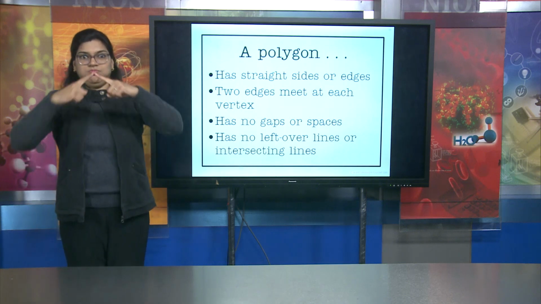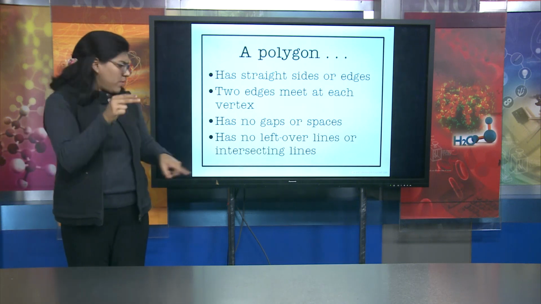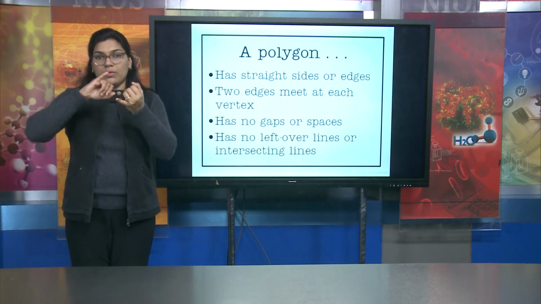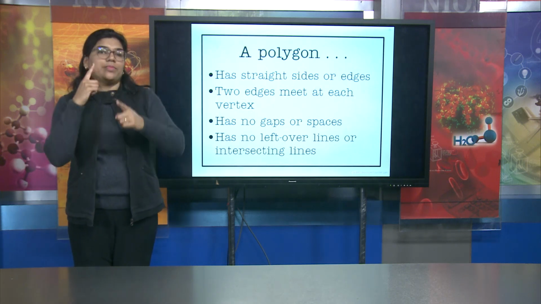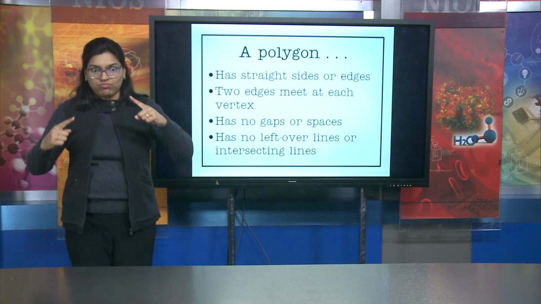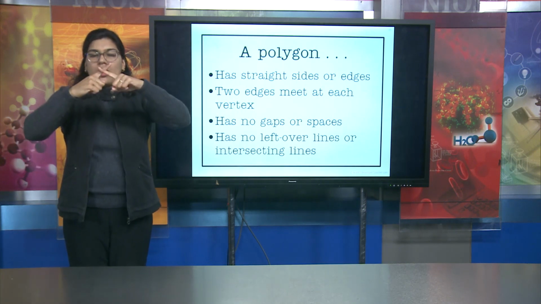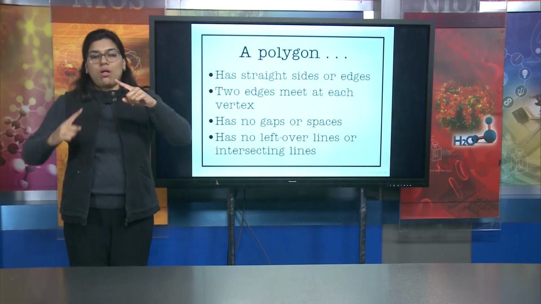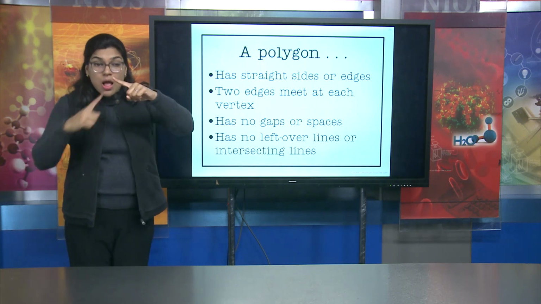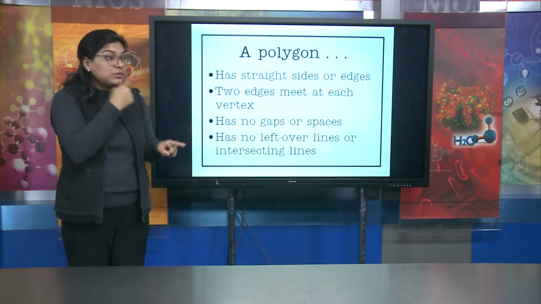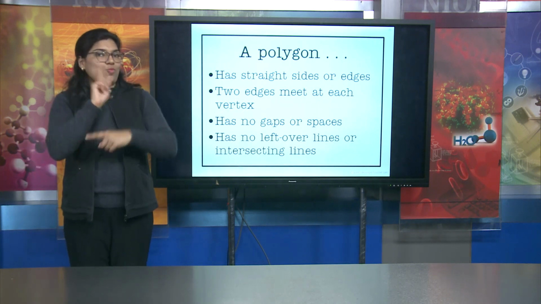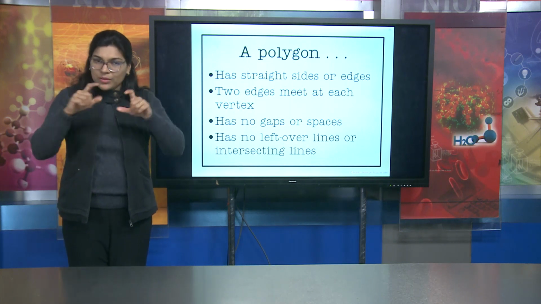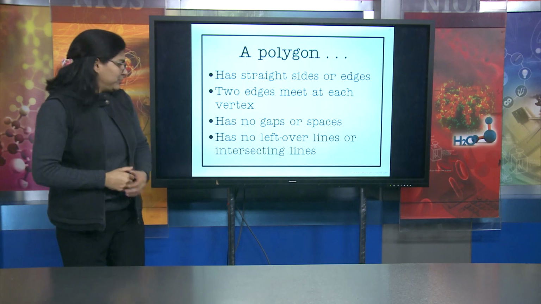And also the intersecting lines are not there. Intersecting means when lines cut across one another. So a polygon has no leftover lines and no intersecting lines. That means the lines should not be intersecting in a polygon. So these are the important features.